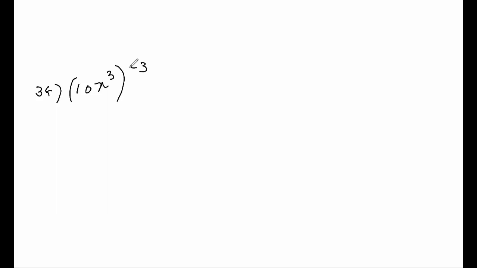Now here again, I'm going to use my negative exponent rule, and that will tell me that one way to look at it is 10 to the 3, x to the 3 times -3, and that'll give me 10 to the -3, x to the -9.